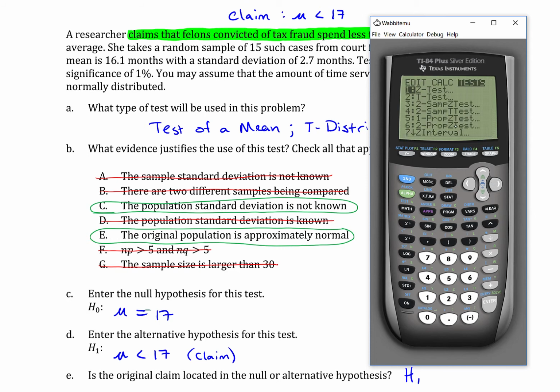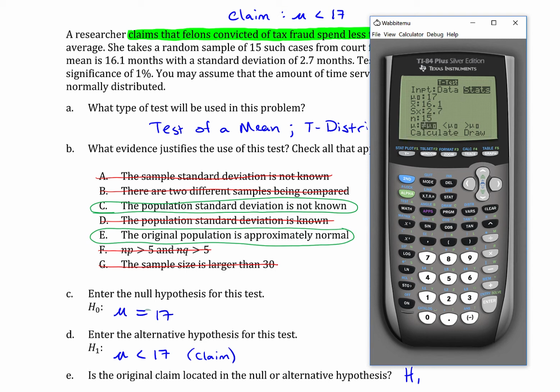We've already decided that's the most appropriate because it's a test for the mean with the t-distribution. We have statistics of our sample, so we leave that checked. Mu sub 0 is the mean from the null hypothesis, which is 17. X bar is the mean from the sample, which was 16.1. Sx is 2.7, and n is 15.